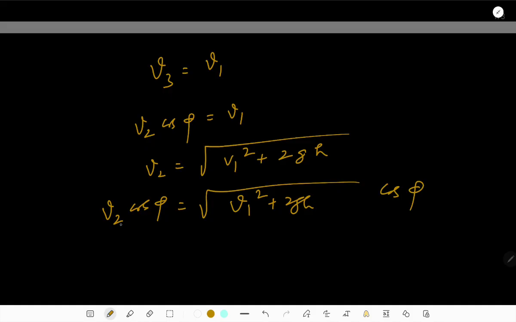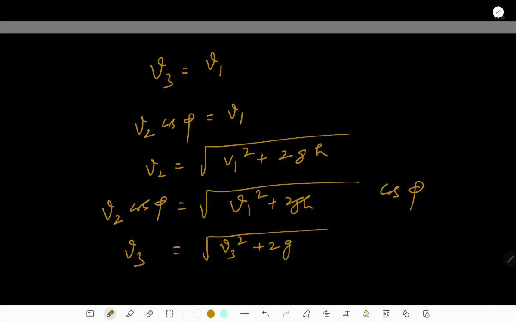This is v3, and v1 is also equal to v3, that is v2 cos phi again. And you can solve this problem by putting all those things. So this thing becomes v3, and v1 is again v3, so this becomes v3 square plus 2gh.